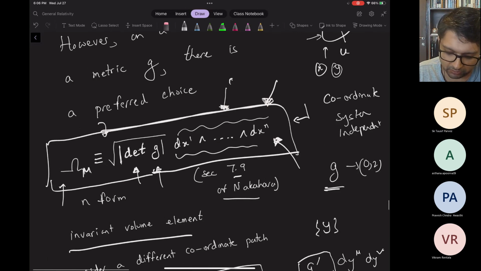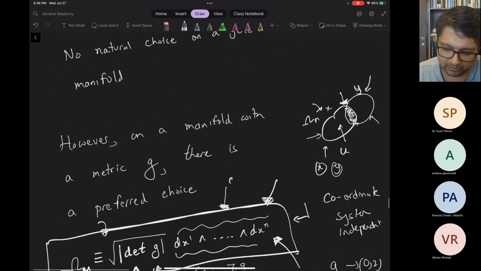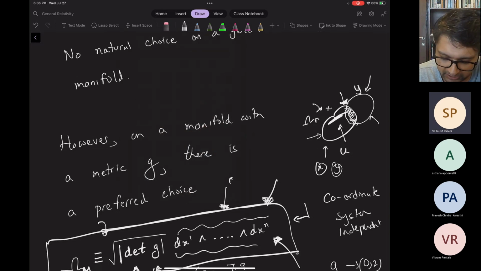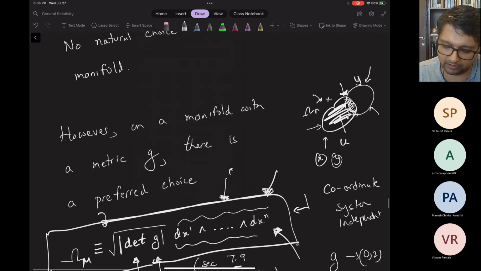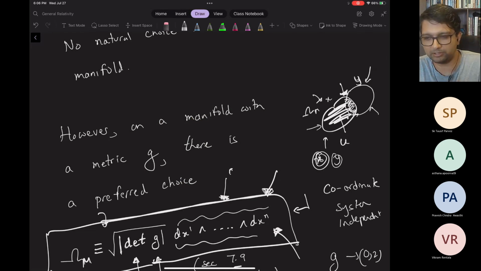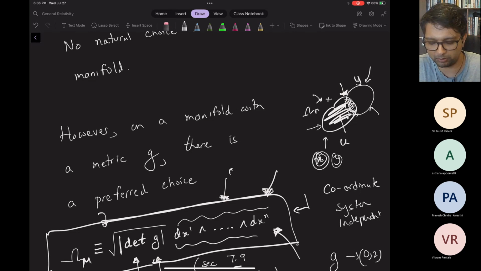What I was talking about was within a single patch: if I change to a different coordinate system within x itself, I would still get the same answer if x and y were two coordinate systems on the same patch with the same orientation. Both these statements are true and are important to show that this omega M is both coordinate system independent and patch independent.